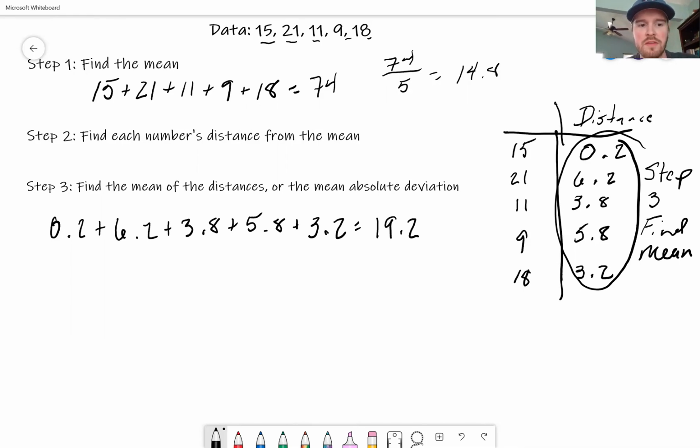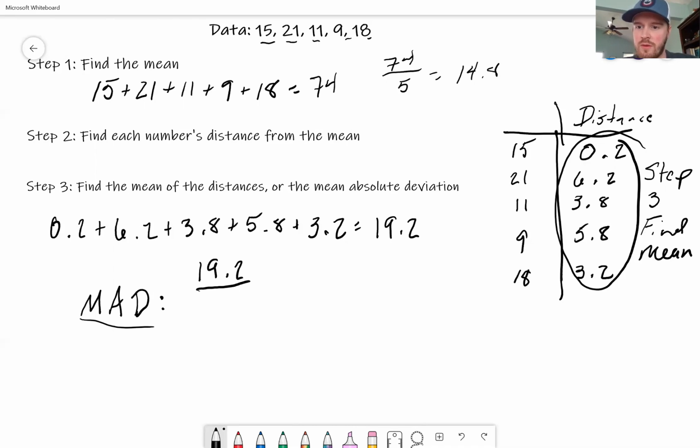All right, so now that we have the sum of all of our distances, we now need to calculate the average of those distances, or the mean absolute deviation that we shorten by using the acronym MAD. All right, so we're going to take 19.2 and divide it by how many data points we have here. And we have the same number of data points because we just used each of those original numbers to find the distance.